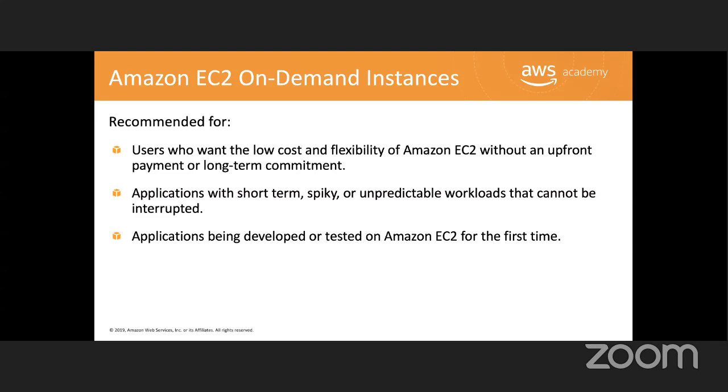It cannot be interrupted, it's unpredictable and spiky and short. That's what usually happens when you have, let's say, a lot of sales on Christmas or Thanksgiving or July 4th. Those days, that's when on-demand instances come in. Also for applications being developed or tested on Amazon EC2 for the first time. If you want to test your system or application, on-demand instances are very useful for that.